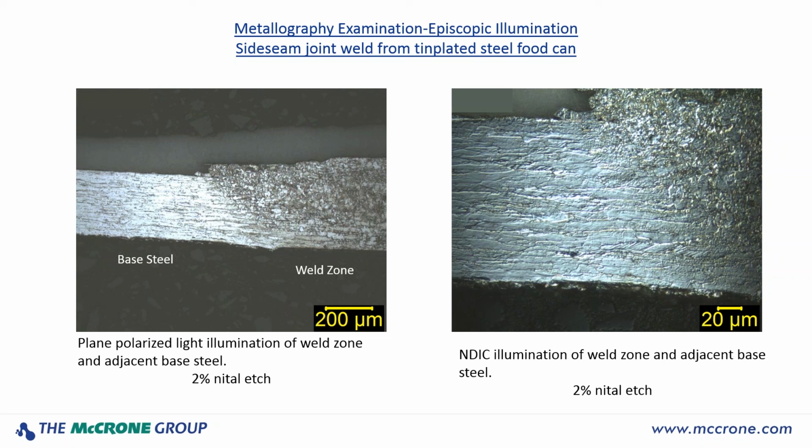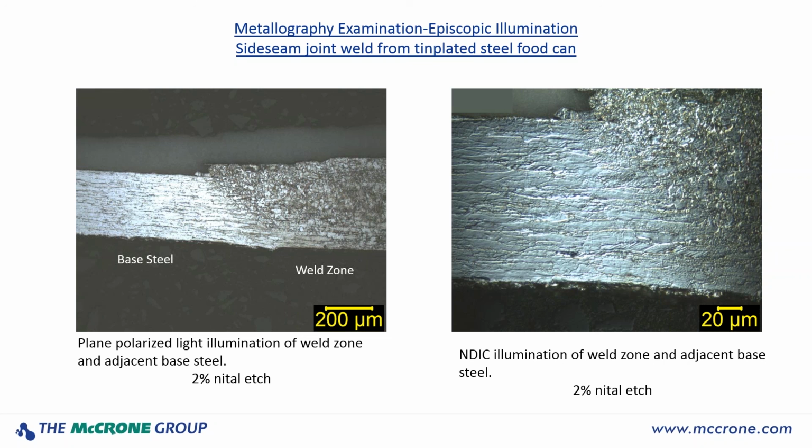So continuing on, let's take a look now at the base steel versus the weld zone and the structure of that material. Again, on the left-hand side, we have the plain polarized light illumination. And then we can increase the magnification a little bit more and look at it with NDIC. Notice here the NDIC is giving you some three-dimensionality perspective of those weld grains from the etching process.